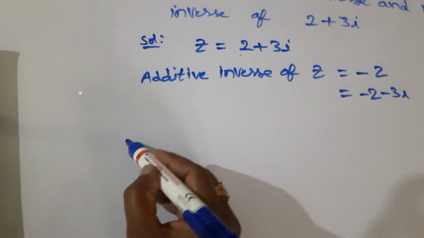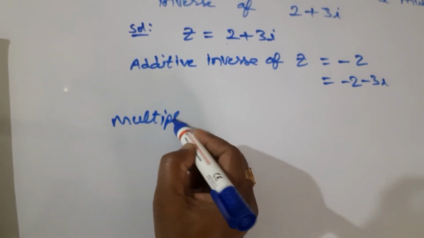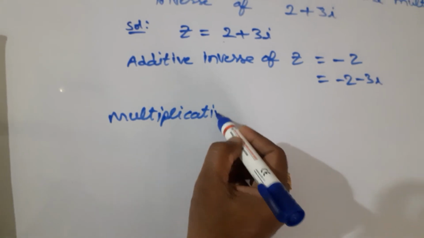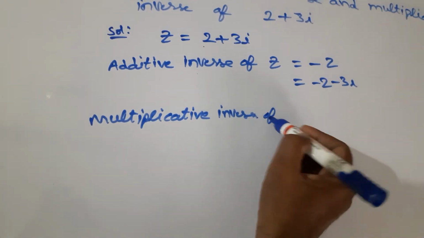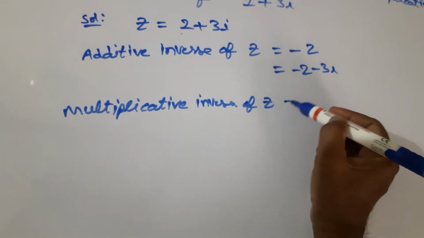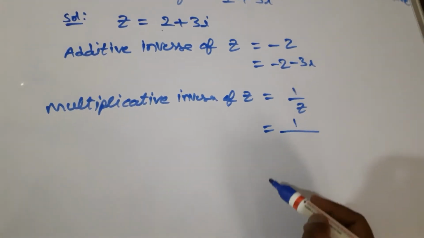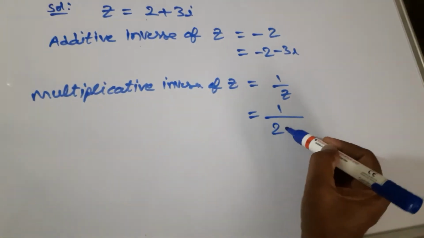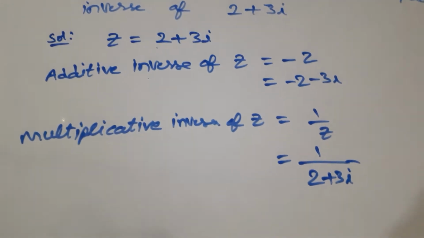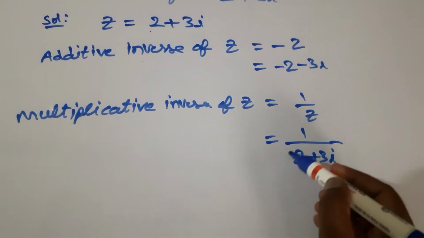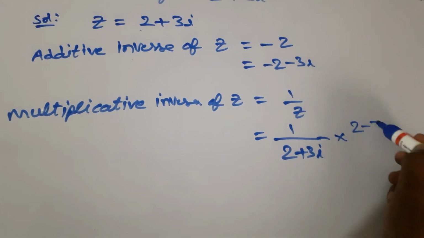How to calculate multiplicative inverse? Multiplicative inverse of z is 1 by z. 1 by z means 1 by 2 plus 3i. So how to simplify this? Eliminating i in denominator by multiplying and dividing with 2 minus 3i.